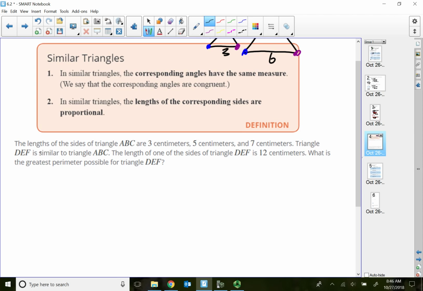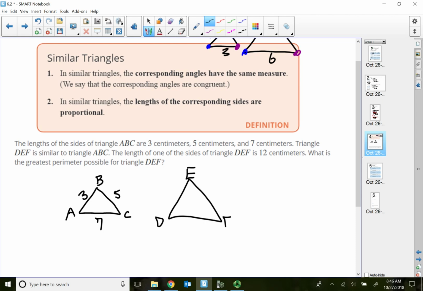All right, here it says the lengths of the sides of triangle ABC are 3, 5, and 7. So let me draw this real quick. If I have a triangle called ABC, with 3 centimeters, 5 centimeters, and 7 centimeters, triangle DEF is similar to triangle ABC. So here I have a triangle DEF. I want to label it similarly.